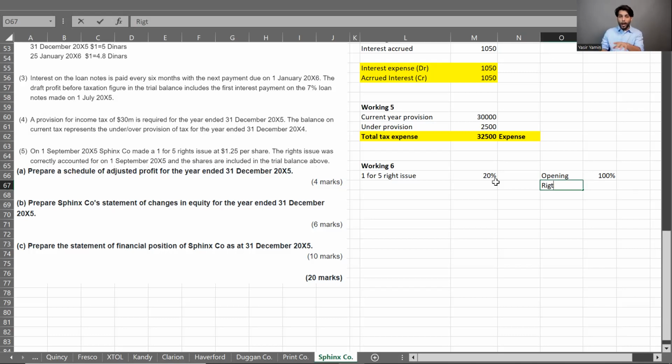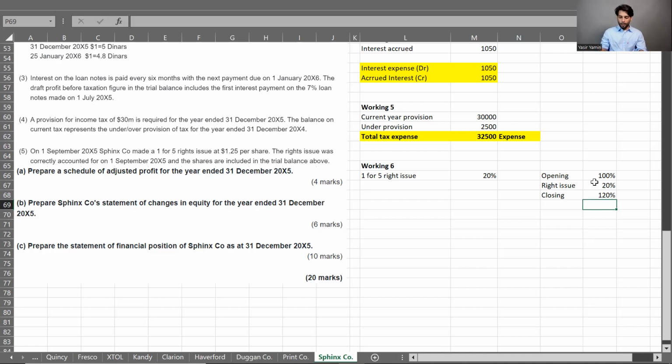When the rights issue is correctly accounted for, our closing balance would have been 120%. Do you all agree? My opening balance would have been 100%, and then a rights issue of 20% during the year, so that our closing balance becomes 120%.